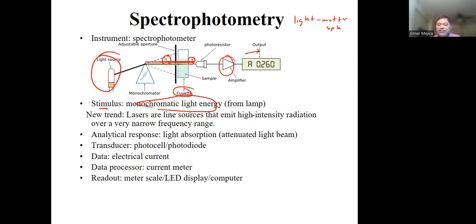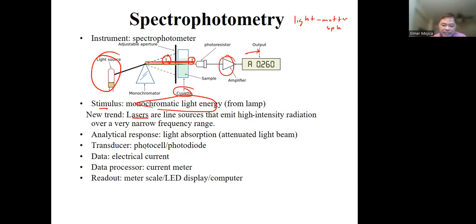So if you're going to look at the stimulus, you use what? The monochromatic light energy. So usually you have a lamp, tungsten lamp. Okay. But right now, if you want a monochromatic light, you use what we call the laser. It has a higher intensity compared to just the lamp. And it has a narrow wavelength.